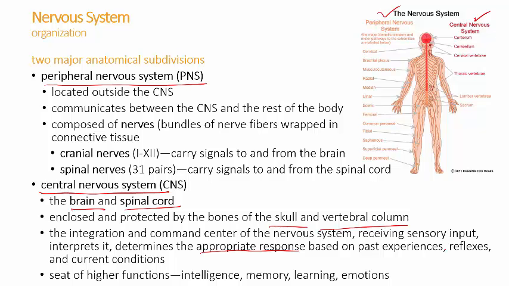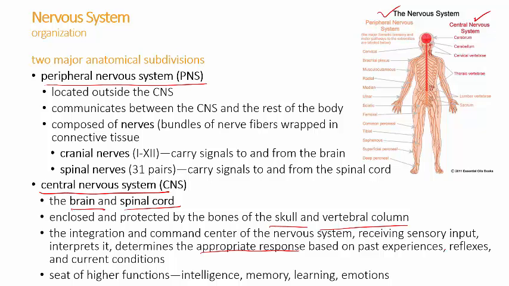Reflexes are in the next chapter, in chapter 11. So it determines that appropriate response. So it receives sensory input, determines the response, and then puts together how that response is going to be carried out. So it makes the plan for it and then sends out the command, that motor function command.